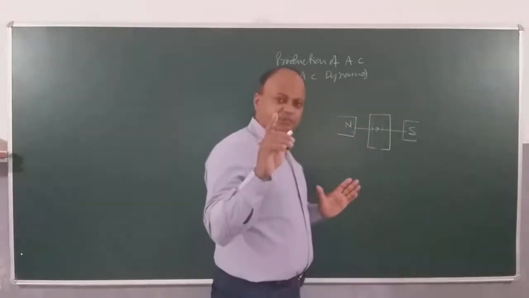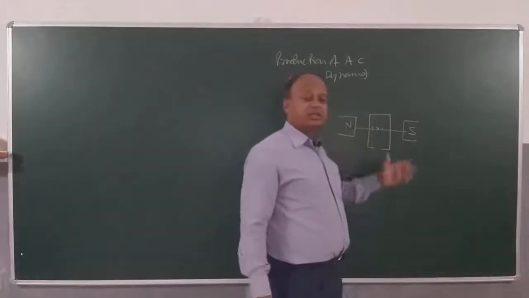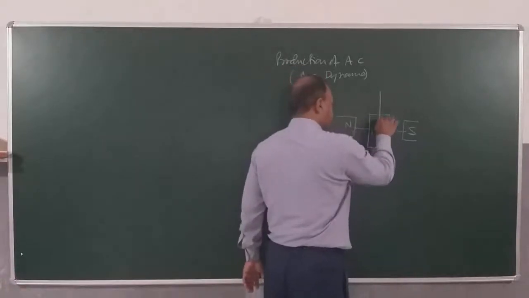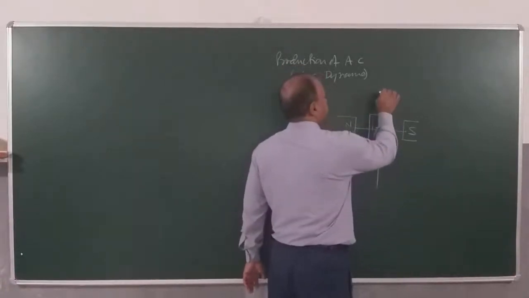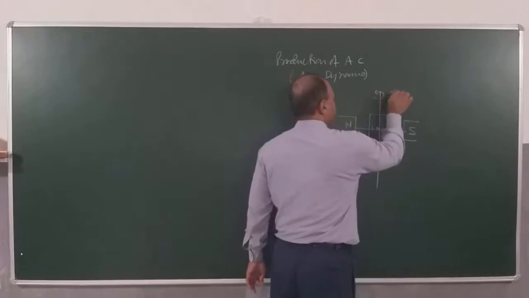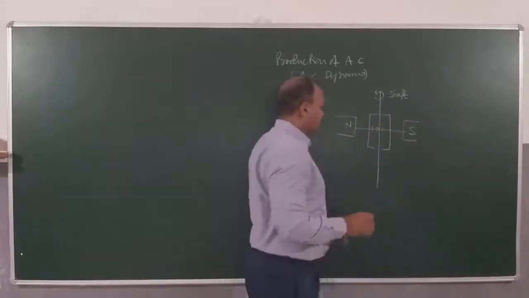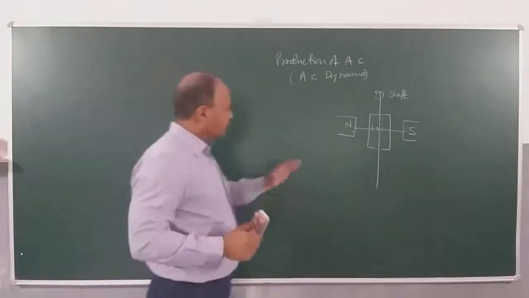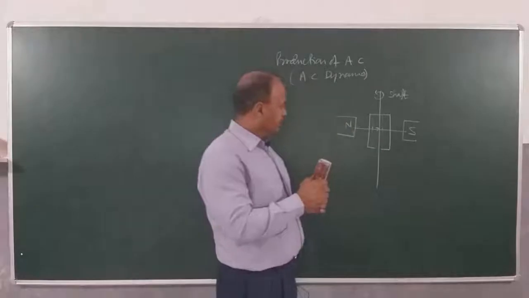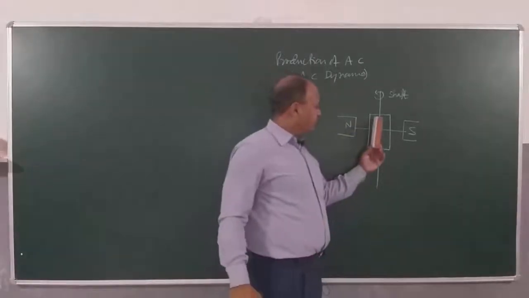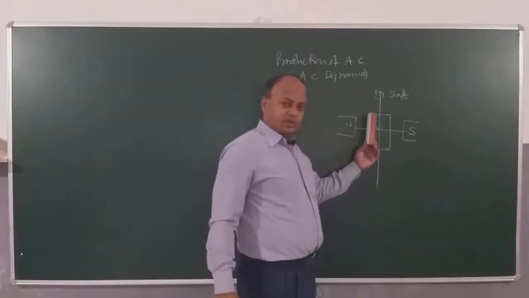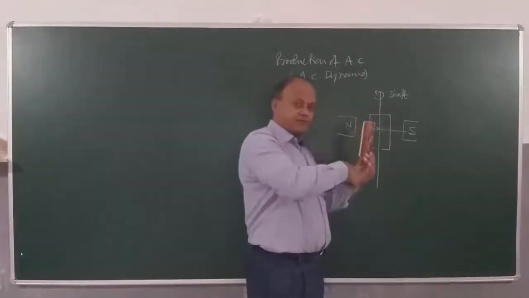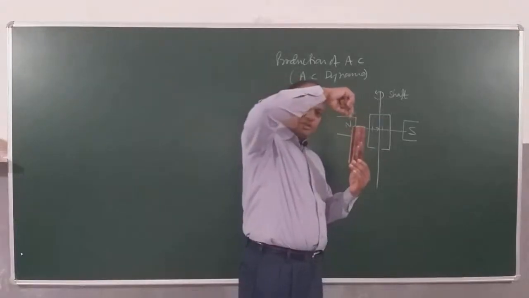The plane of the coil is perpendicular to the plane containing the magnetic field lines, and this coil is mounted on a shaft. The magnetic field lines are going from my left to my right, and this is how I have mounted a coil. And what I am going to do now is rotate the coil.